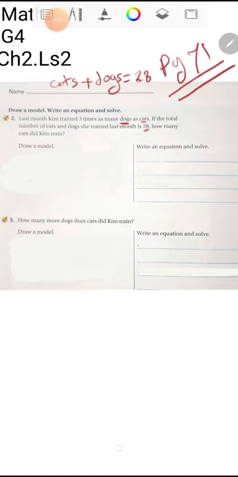So first thing, I will draw a bar model as we learned. I know that the number of dogs is greater than the number of cats by 3 times. That means the largest bar model will be for dogs and the smaller one will be for cats. Why? Because the number of dogs is 3 times.